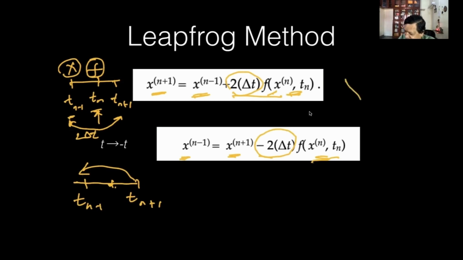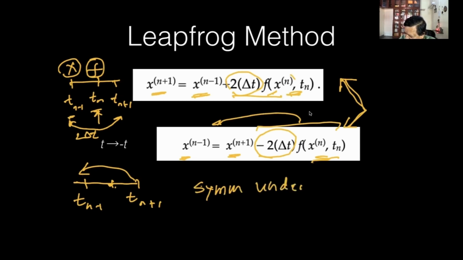Now, these two equations are exactly the same. You can see if I just take this part to the left side, I get the top equation. So the leapfrog method is symmetric under time reversal.